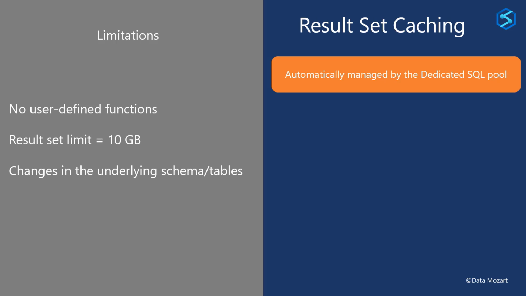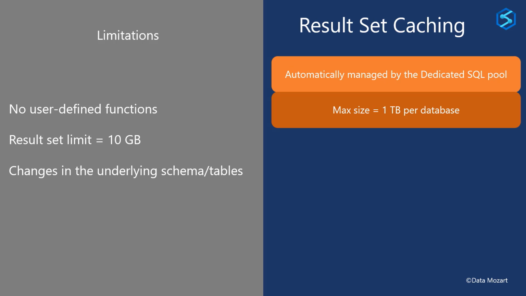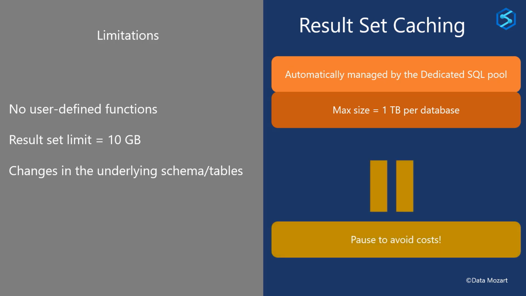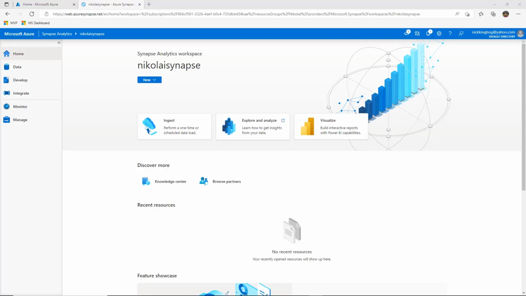If it happens that the cached result set was not reused within the next 48 hours, it will be removed from the cache. In addition, keep in mind that there is a maximum result set cache size of 1 TB per database. Finally, once you're done querying a dedicated SQL pool, don't forget to pause your compute layer in order to avoid unnecessary costs.